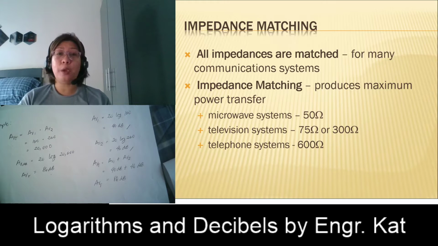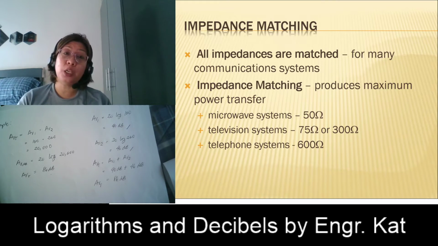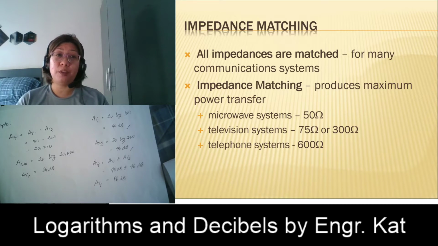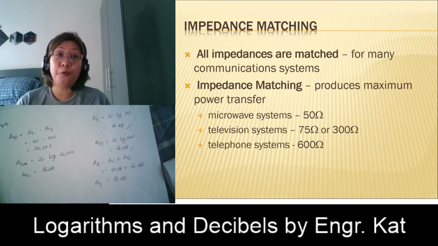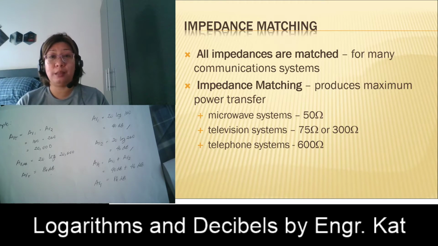Some popular standard resistance or impedance values are the following. For microwave systems, you use an impedance of 50 ohms. For television, it's either 75 ohms or 300 ohms depending on the type of connection. If you are using coaxial cable, that is 75 ohms, but if you are using the twin pair or flat pair of wires, that is 300 ohms.